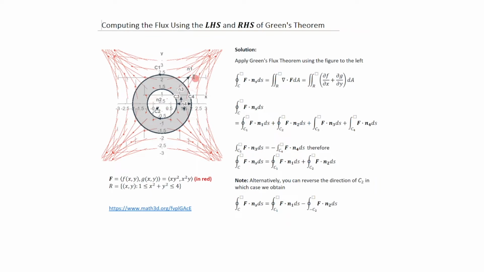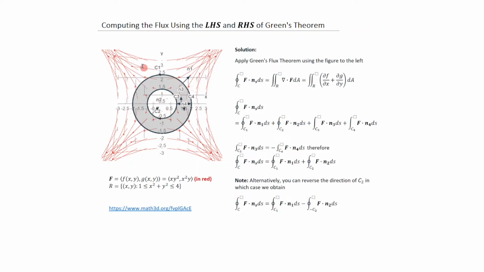So N1 is pointing outwards on this outer circle. Moving in this direction, it'd be pointing in this direction to your right. Going in this direction, it's pointing to your right, which is in this direction. And finally, along the fourth segment, it's pointing to your right, which is this one. So you've got 4 individual segments, and the direction vectors normal to the contours are provided.